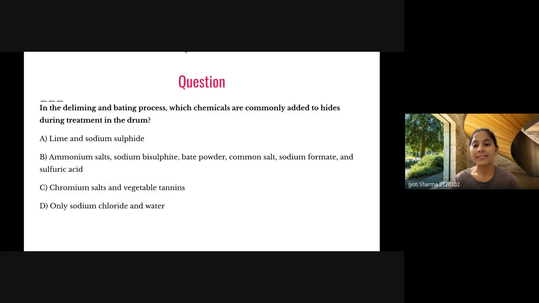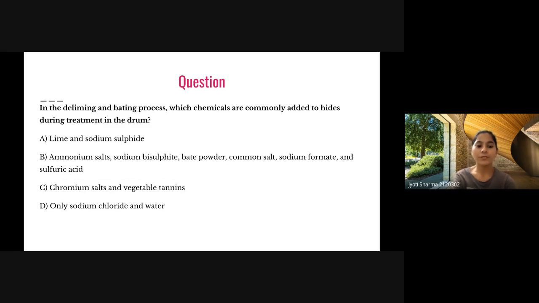Okay, next step is deliming and bating process. Which chemicals are commonly added to the hides before treatment in the drums in deliming and bating process?